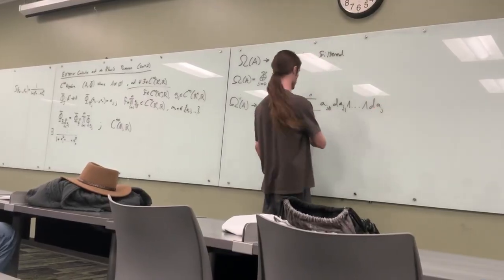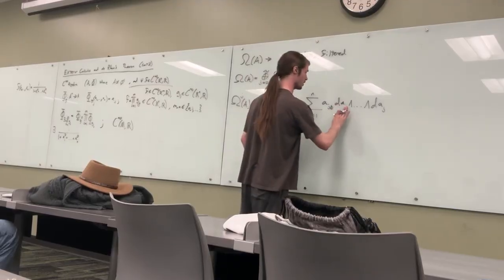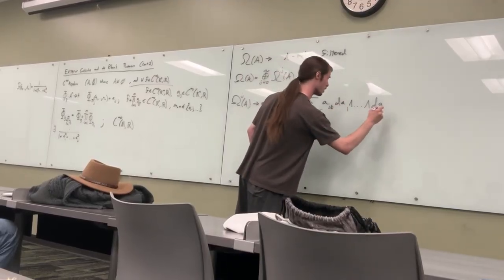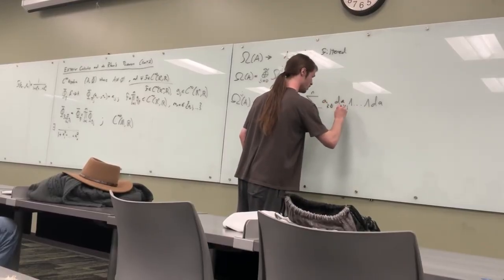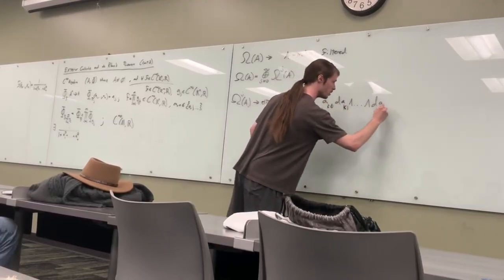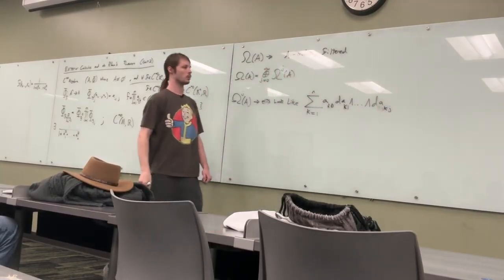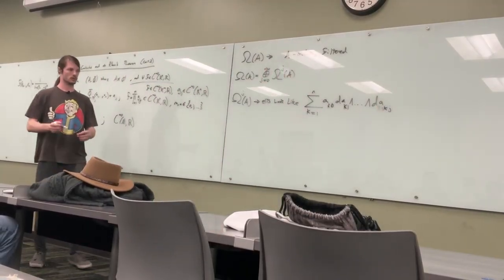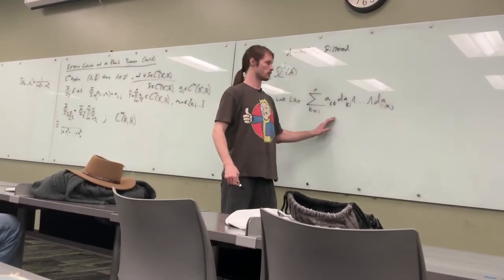Oh, I'm not allowed to use j as my index. Apologies. I love using j as an index. I love it so much that I will overuse it constantly. Okay, so every single one of my k forms looks like a linear combination of these.